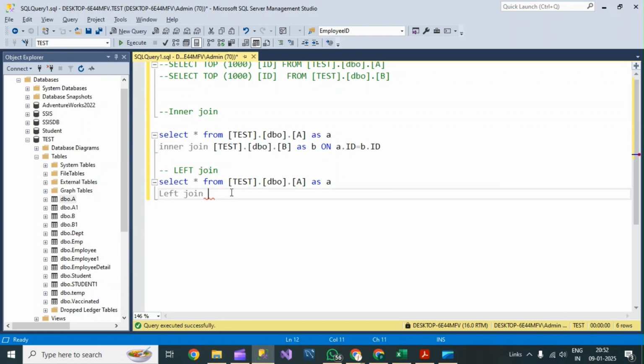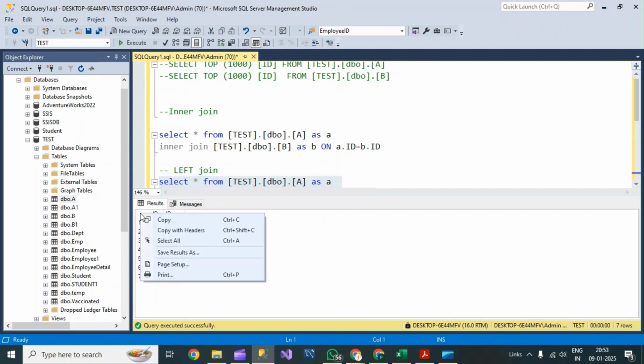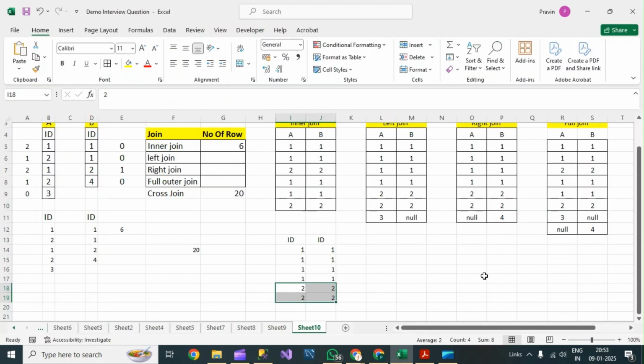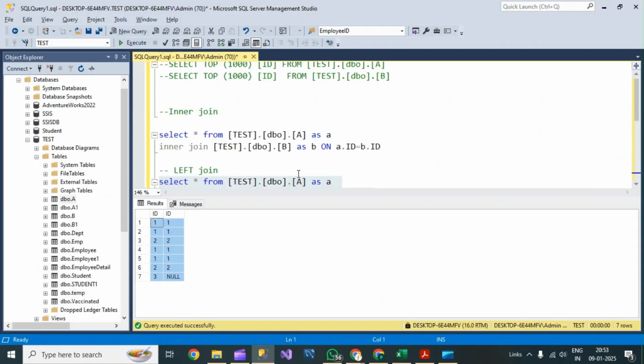Only the keyword is changed. Okay, right. So for the left join also, we will check the output. It will be the same output as the one we took earlier when we fire the query.